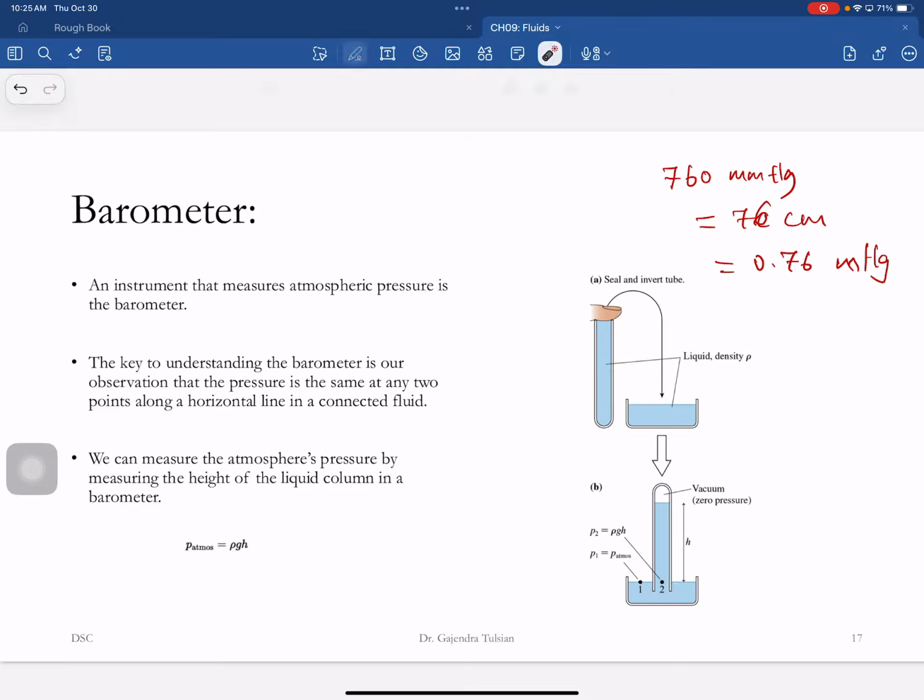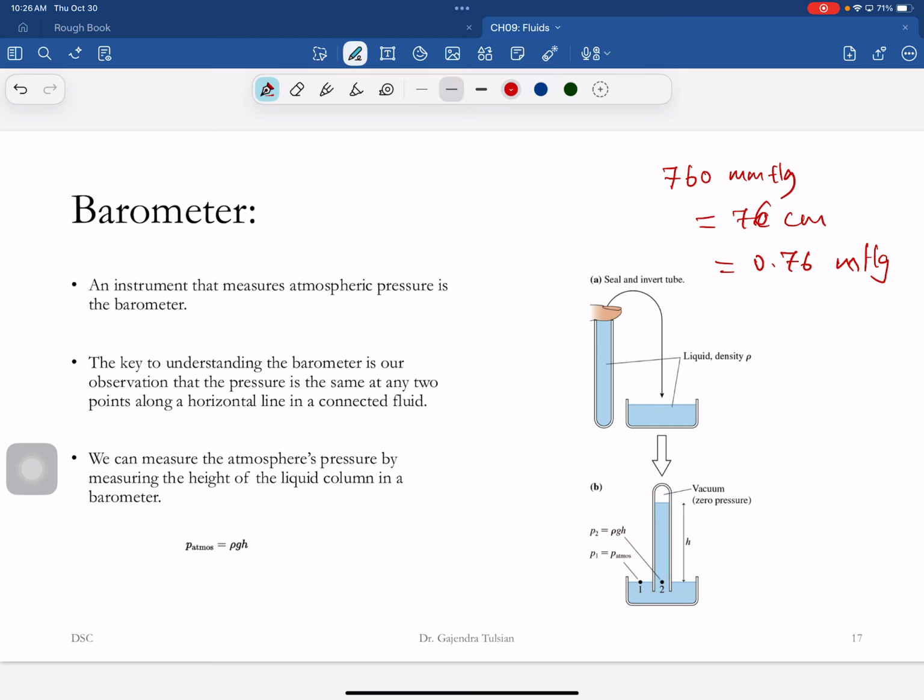All right, what is going on is the following. This weight of mercury is being balanced by a column of air all the way to space. It's like a balance, and this column of air of equal cross-section area is balancing this column of mercury.